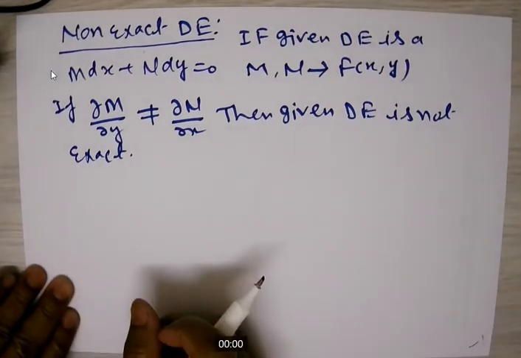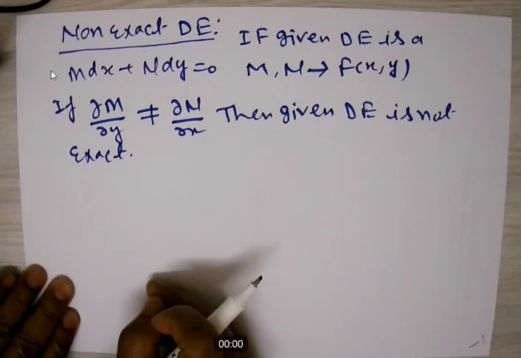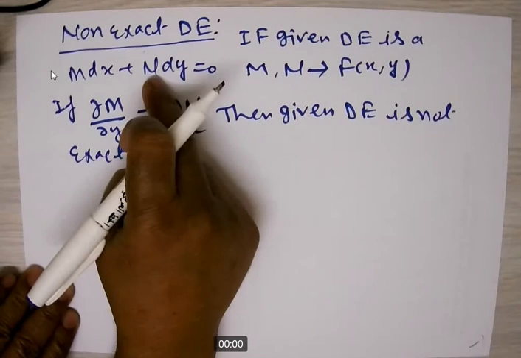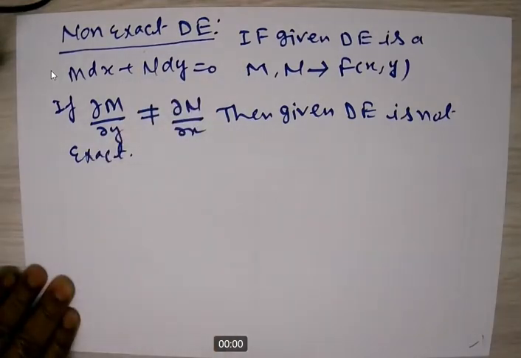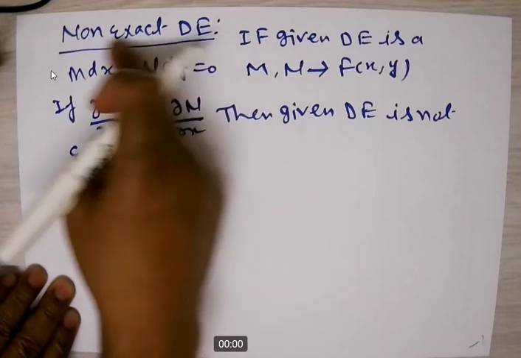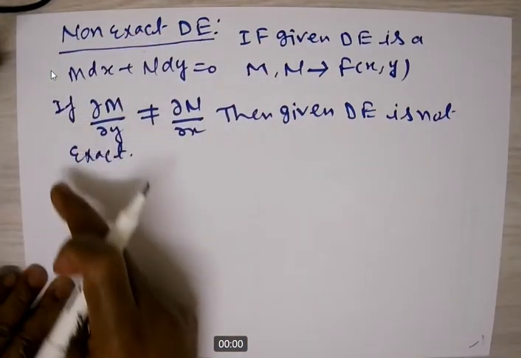But there is one thing: if I multiply the given differential equation by an integrating factor, which is a coefficient I use to multiply, then the given differential equation becomes exact.